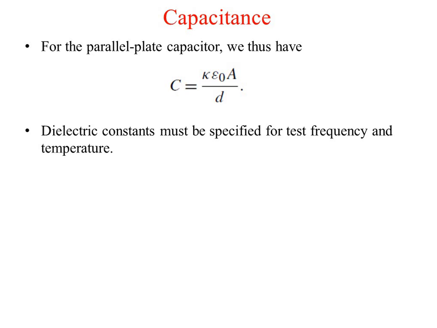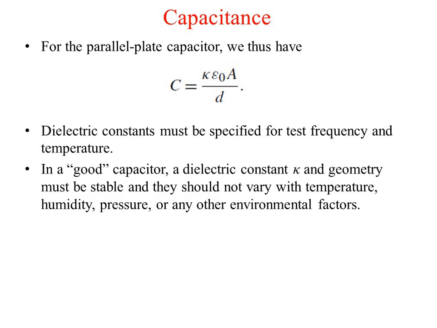So you should know what kind of dielectric constant you are using. If it is air, then obviously the constant will be different. If it is any other insulating material used as a dielectric, the constant for that particular insulator will be totally different.